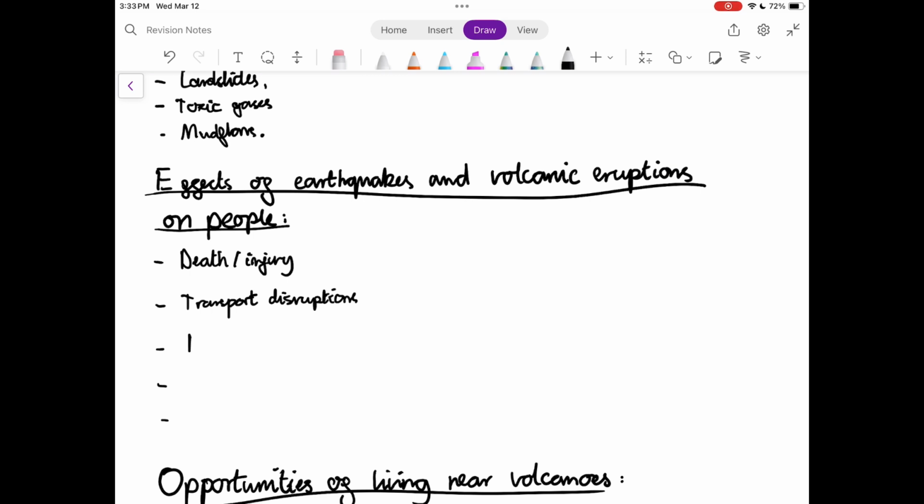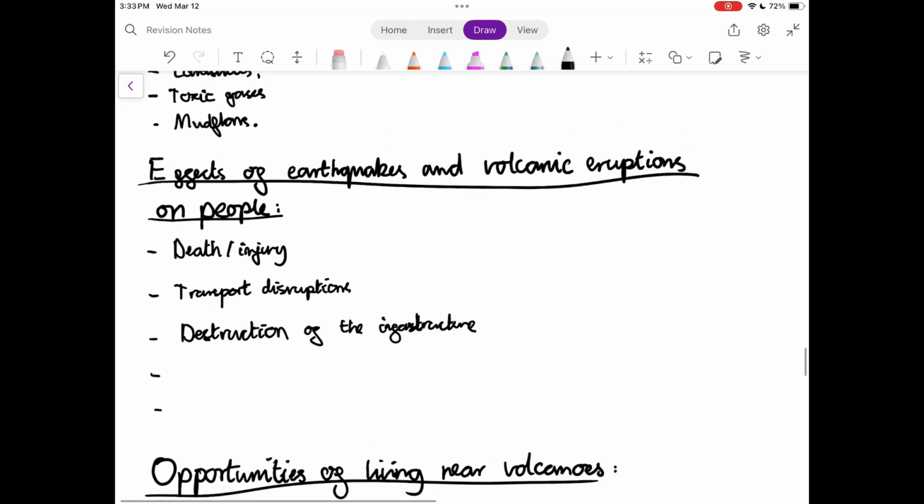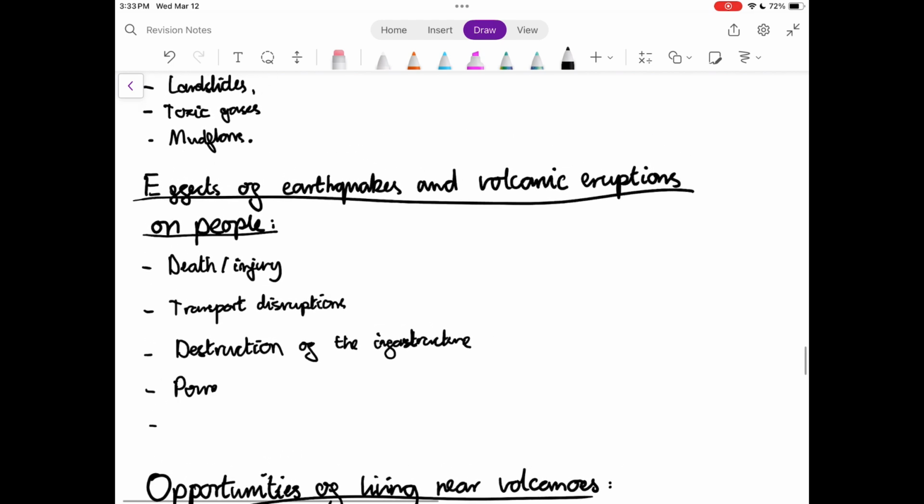The next thing is the destruction of infrastructure, and this can lower the economy of the local area, because they won't be able to produce and make goods and services, and therefore it could cause an economic decline in the local area. It can also cause power cuts, because the national grids that span across the area or the country where the event is taking place can have their power lines destroyed.